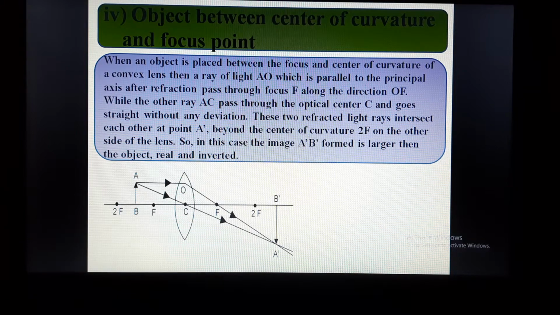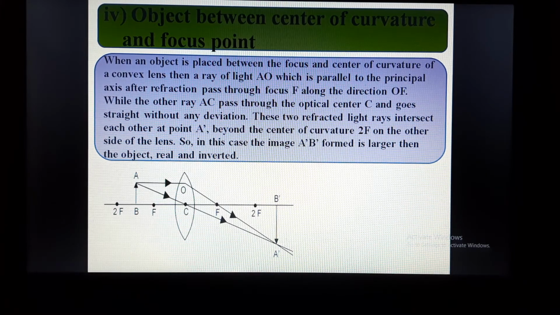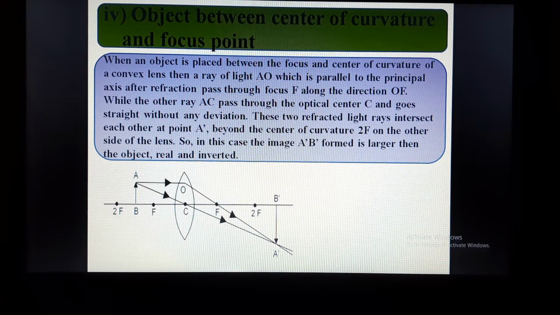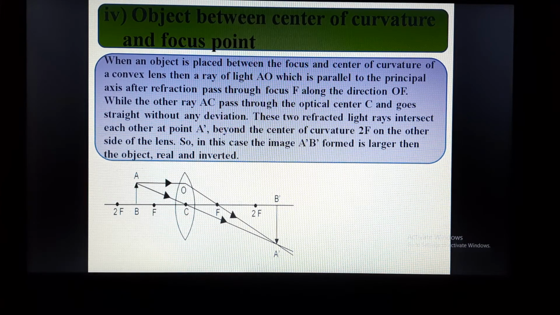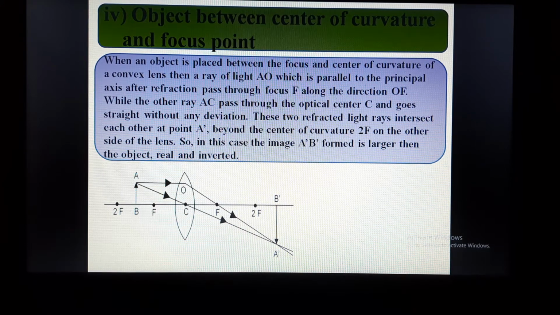A ray of light AO, which is parallel to the principal axis, after refraction passes through focus F along the direction FO or OF. While the other ray AC passes through the optical center C and goes straight without any deviation.